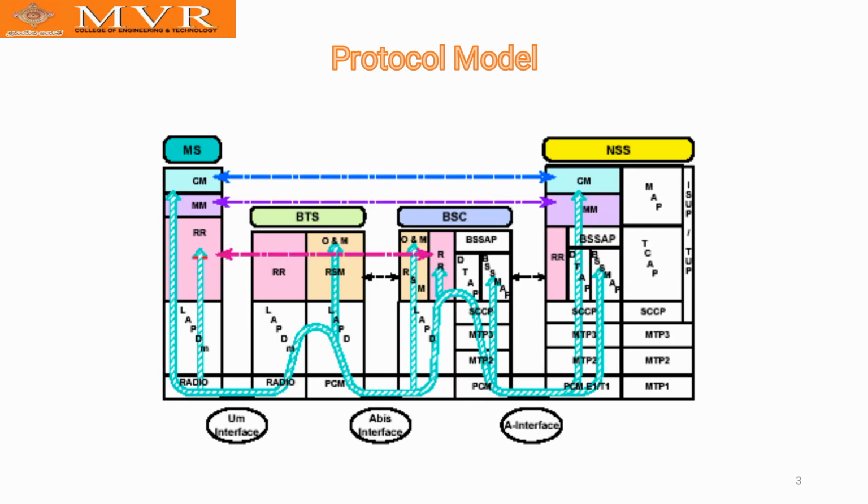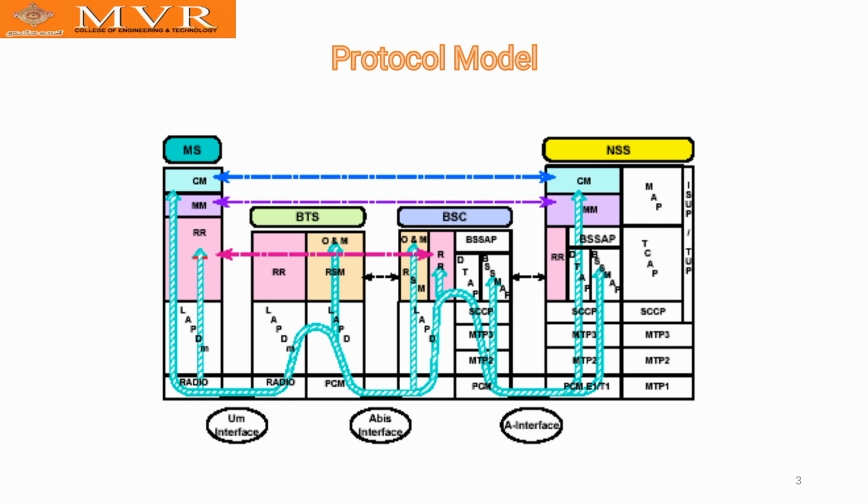See this picture here. There are two things involved: the mobile station and the network switching subsystem. In the mobile station, there are CM, MM and RR. CM is connection management, MM is mobility management, and RR is radio resource management.